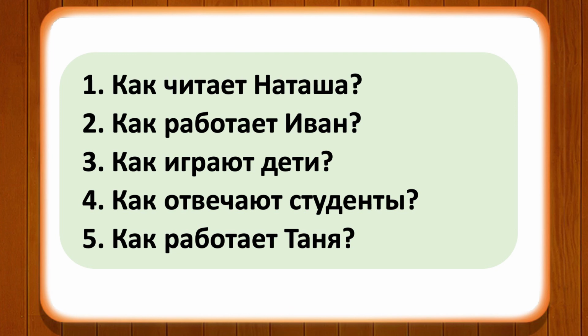Any of these options would be a correct answer to this question. The next question is, как играют дети? How do children play? Дети играют хорошо. Как играют дети? Они играют хорошо.